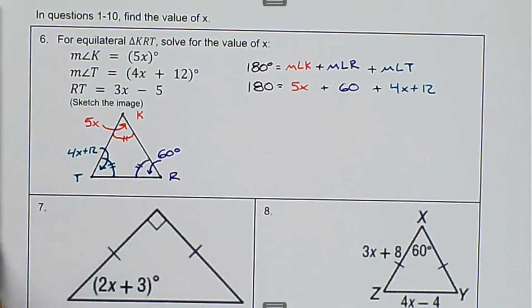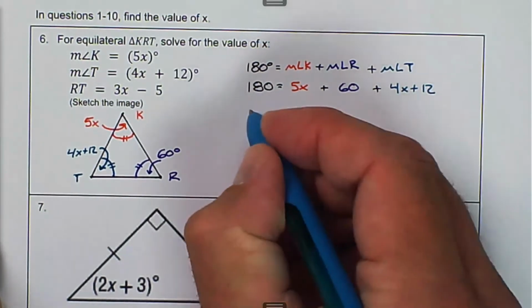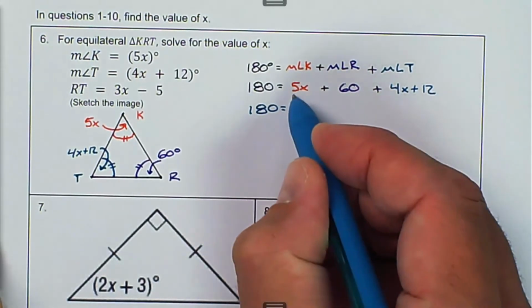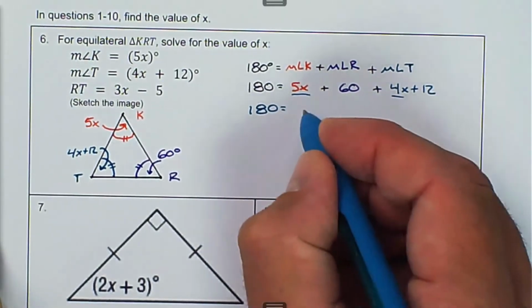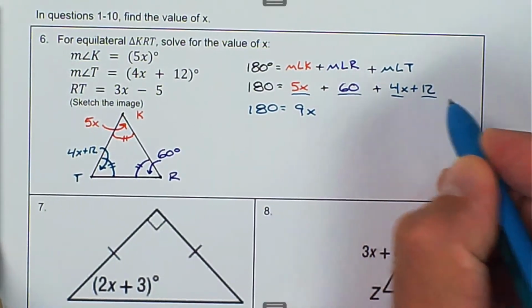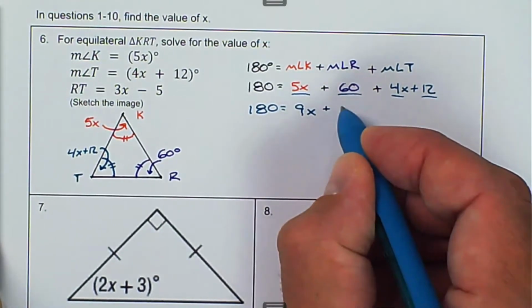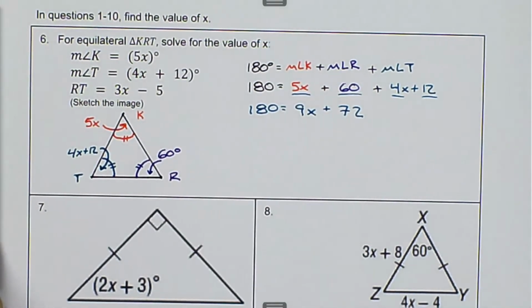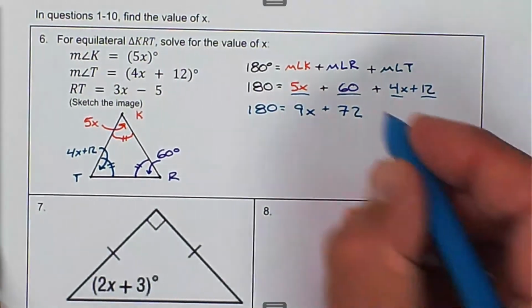So when we go ahead and do our math and combine like terms, we get 180 is equal to 5x and 4x is 9x, and 60 plus 12, that is equal to 72. And now we can take 180 and subtract 72, and we get 108.